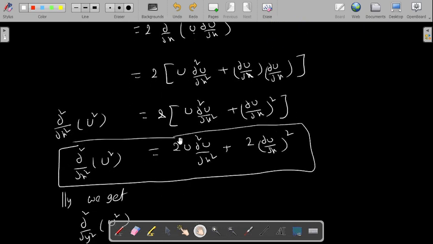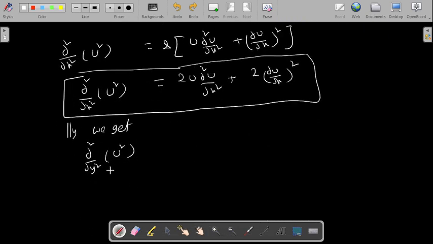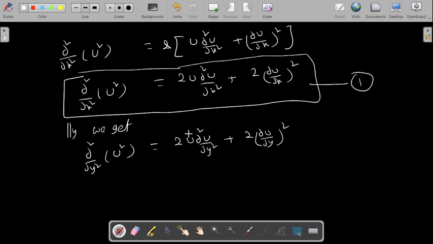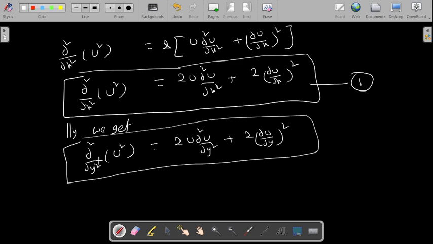So similarly, ∂²/∂y² of u² is 2u ∂²u/∂y² plus 2(∂u/∂y)². This is one, this is two. So there is no need of doing the second one.